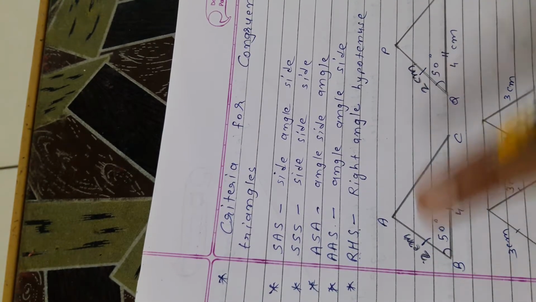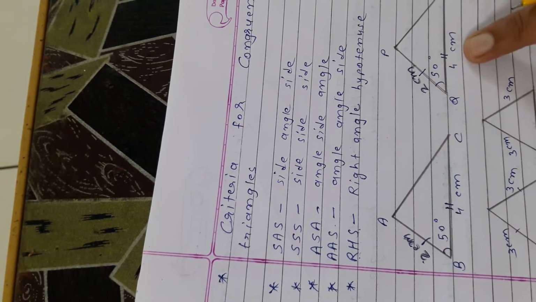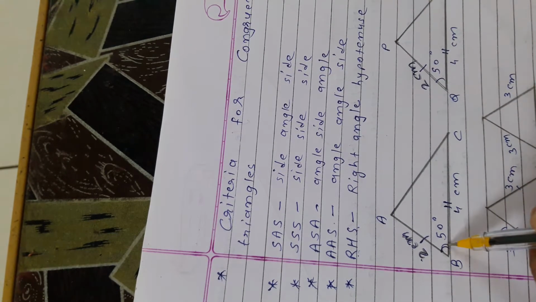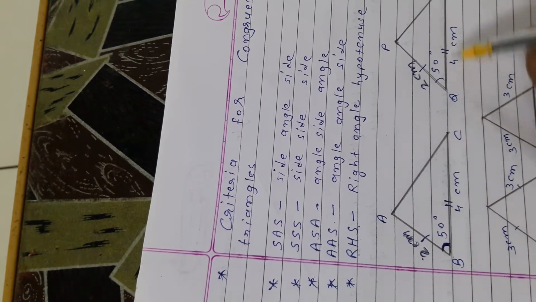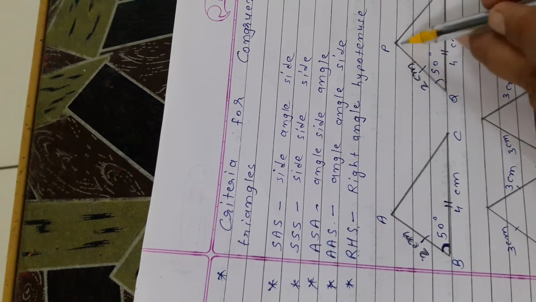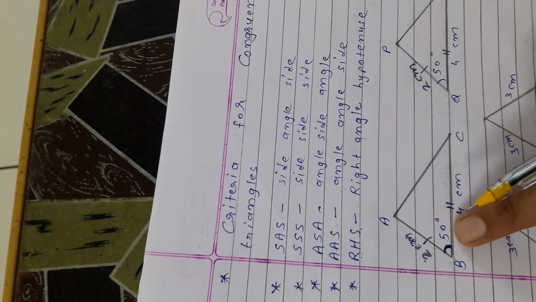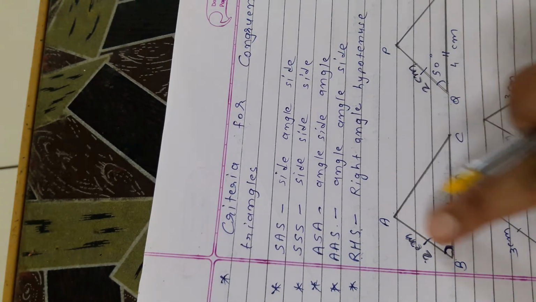Two pair of corresponding sides are same, and included angle. Included angle means here this angle B is common angle of AB and BC. Here Q is common angle of PQ and QR. So angle B is included angle of AB and BC.